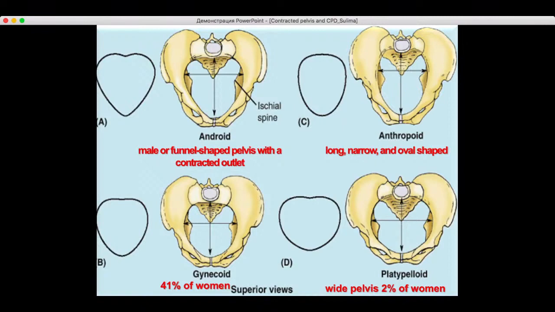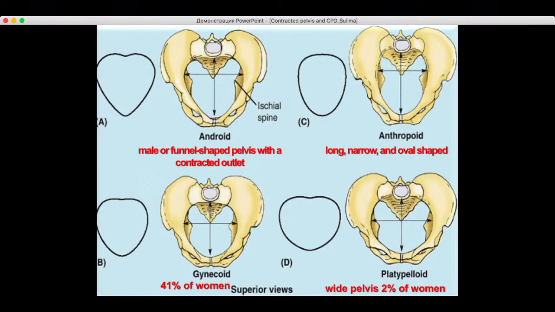This pelvis is more specific for the male, and if we have such a form of contracted pelvis in a woman, it's like a funnel-shaped pelvis with a contracted outlet. You can see clearly that the first plane of the pelvis in this anthropoid form of contracted pelvis is heart shaped.